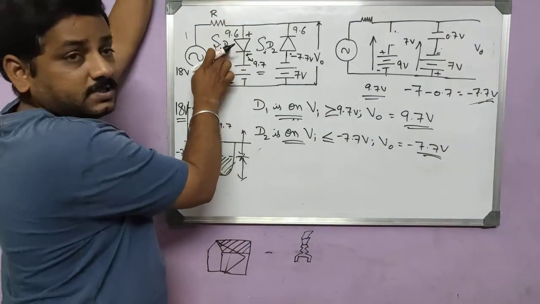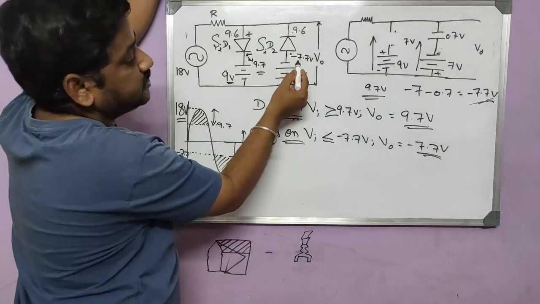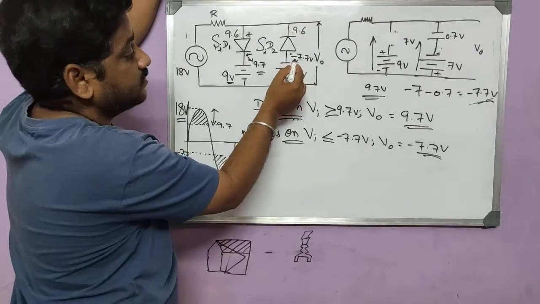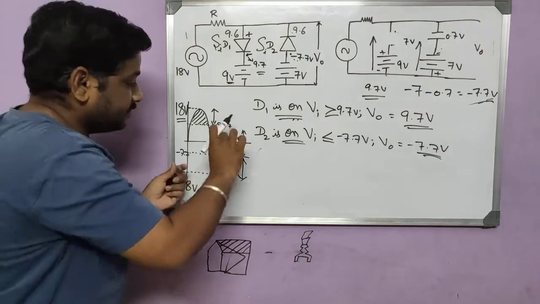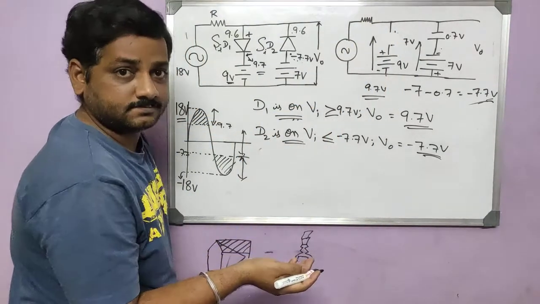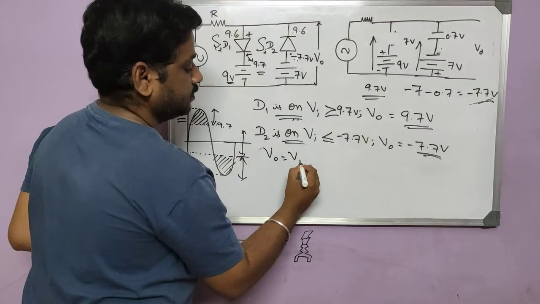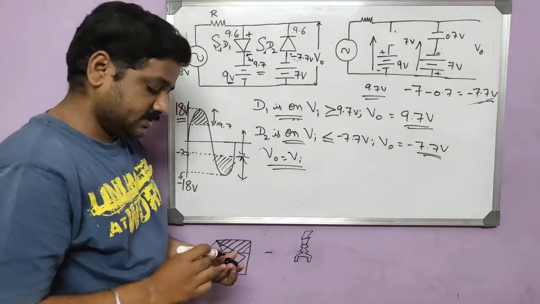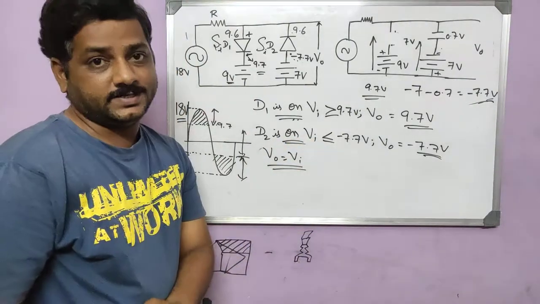So D1 will be in the off condition, and this is positive, this is negative. The anode should be higher, but here the anode is low, so this will be off. In the same way, in between, both the diodes will be off. So when both diodes are off, the output will just follow the input. This is the solution, or the values you get here.